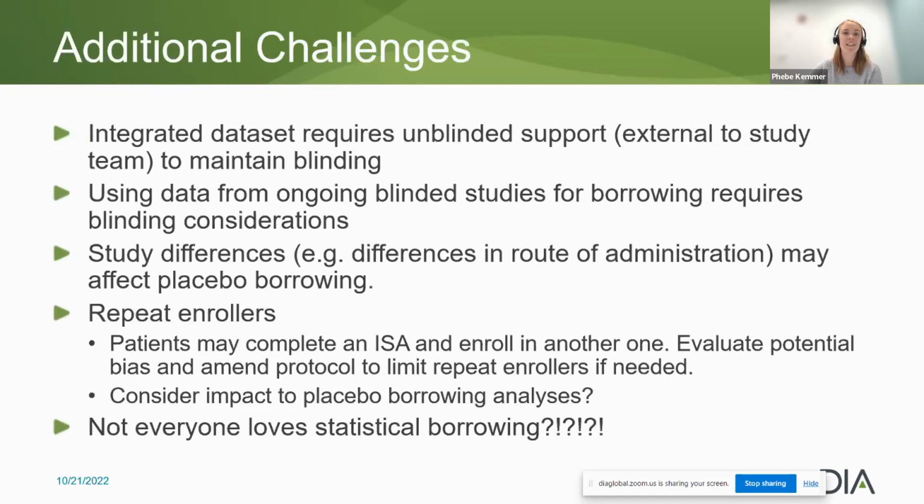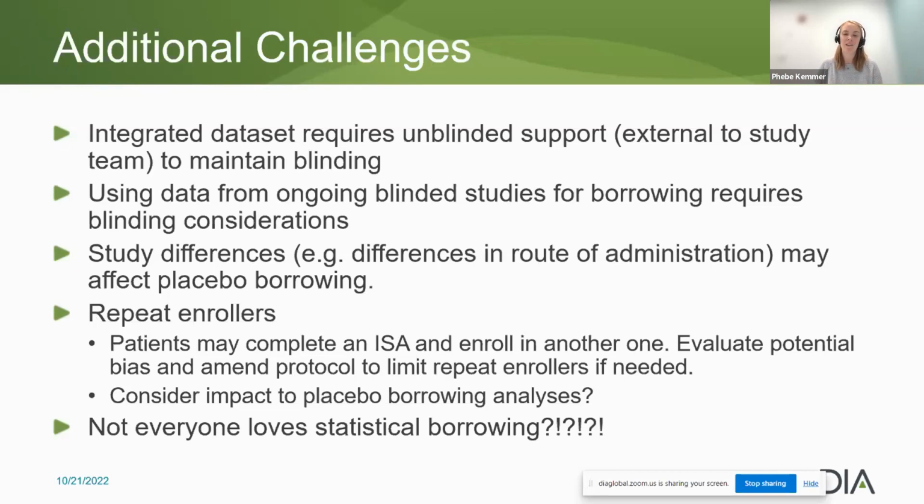Some other challenges we faced in practice is that it's great that we have one integrated data set, but this does introduce a lot of blinding considerations that we need to take into account. So for example, when one of the sub-studies reaches the end and we want to lock that data set and unblind it, we get all of the data together.